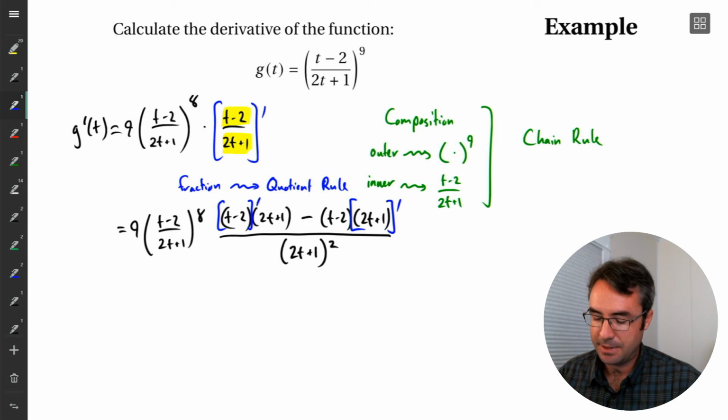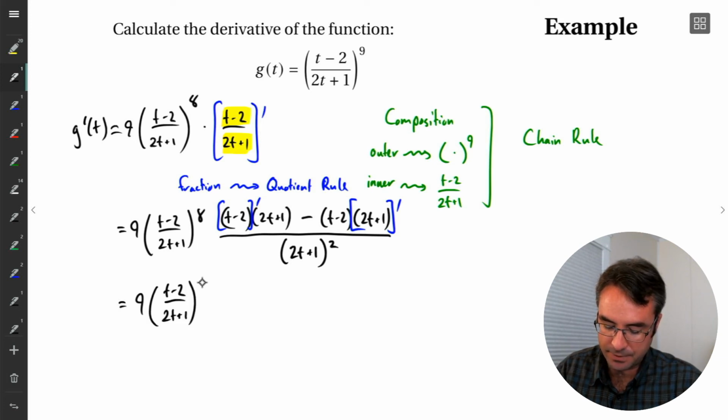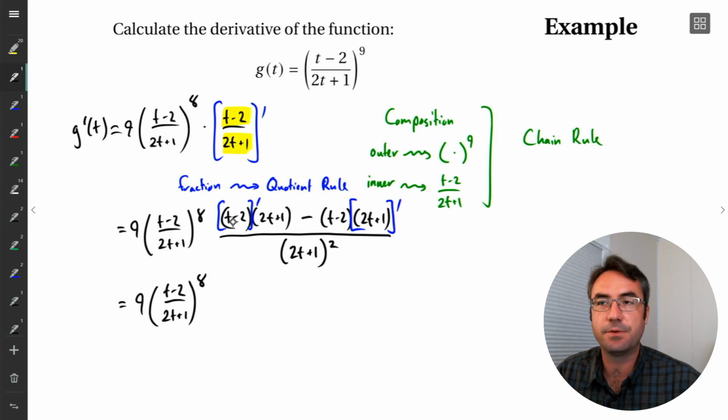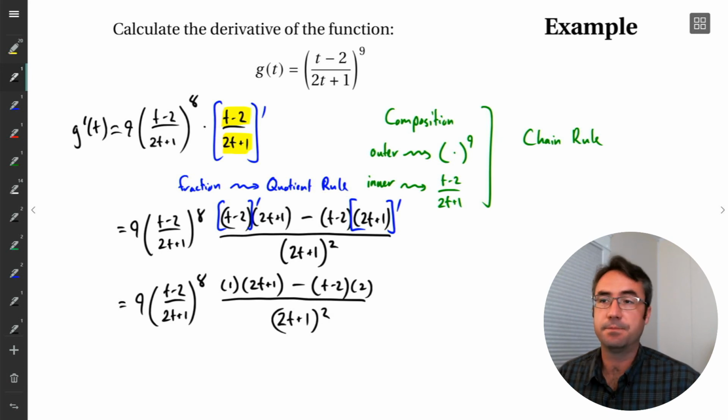We also have this 2t plus 1 which needs to be differentiated, but again, that's just a polynomial. We can do that easily. So we just keep going until we get to a point where it's just some basic derivatives. The derivative of t minus 2 is just 1. And then the derivative of 2t plus 1 is 2. And that's good. We can stop there.